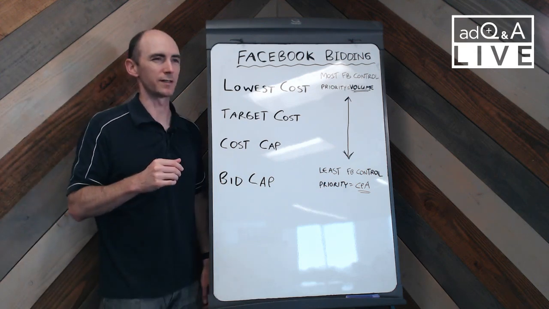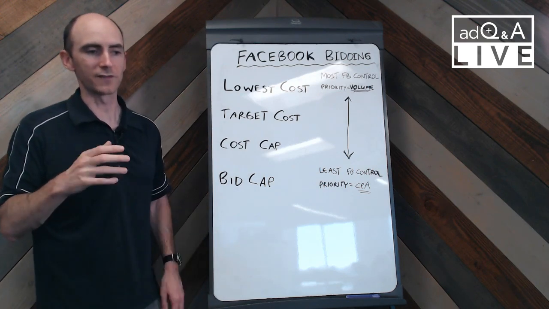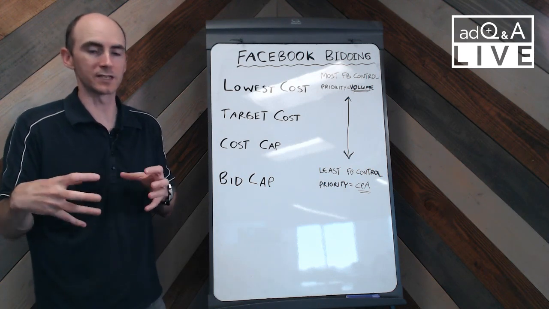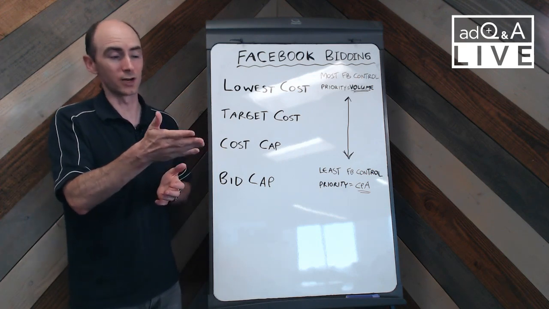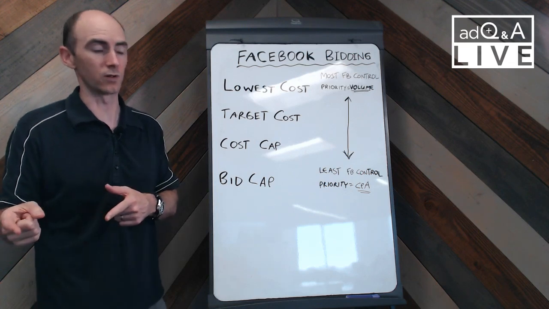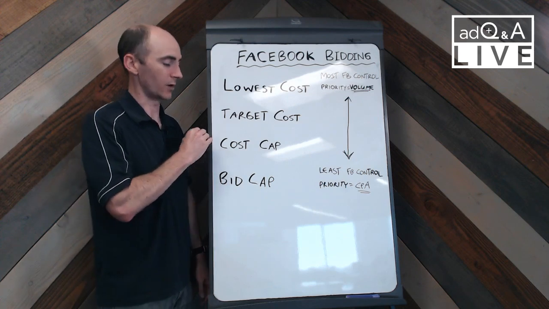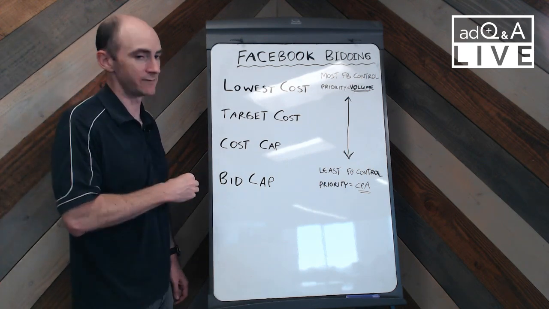So if you said the cost cap was 25 bucks, and Facebook was looking at all the different subsegments of your audience, and Facebook's going, well, I could get some conversions over here for $25.50, they're actually not going to serve to those people, right? Because they have a very strict cap in place that says, under no circumstances do I want to go over that cap. And the bid cap is even more granular.